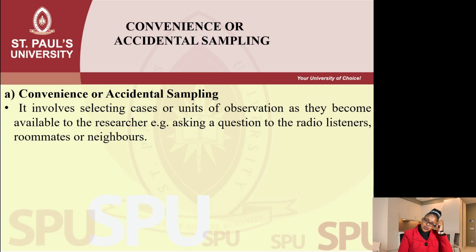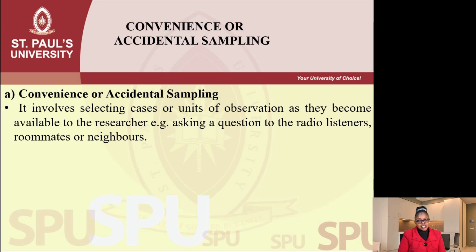You get to St. Paul's University gate because you're collecting data among the staff members. The first person that you find at the gate, you had not planned, you had not called them, you had not contacted them. You stop them and tell them, this is the kind of research that I'm doing. Please give me information on this issue. They agree and you collect data from them.